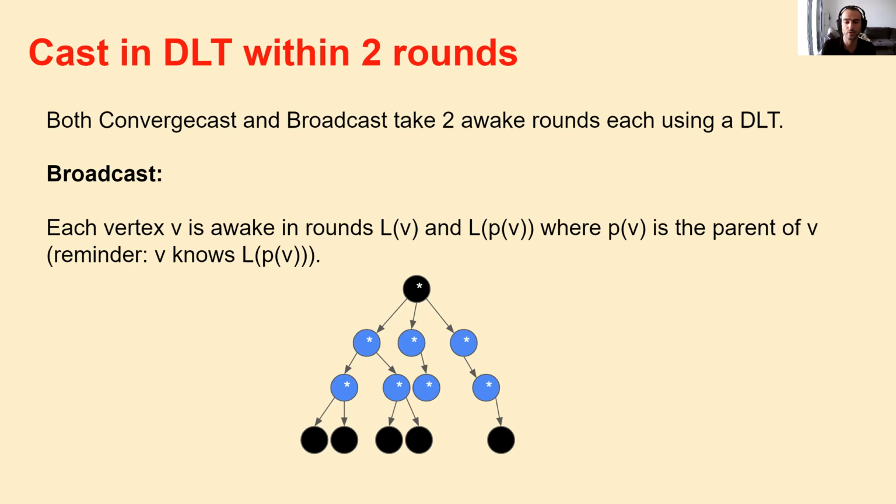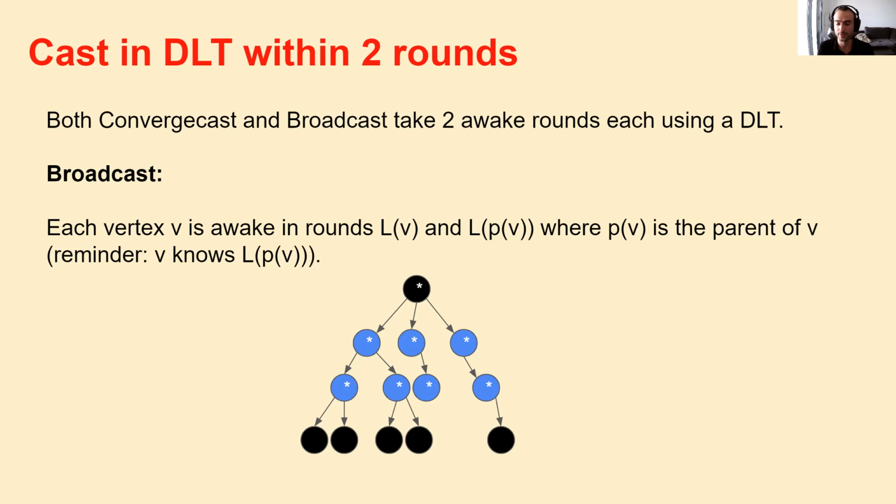Now in this example, it seems like all the nodes in the second level of the tree are awake at the same round. It's just for an example. It's not necessarily the same round. They can have different rounds, but what's important is that the nodes in the third level are awake in the proper rounds according to the knowledge they have of the labeling of their respective parents.